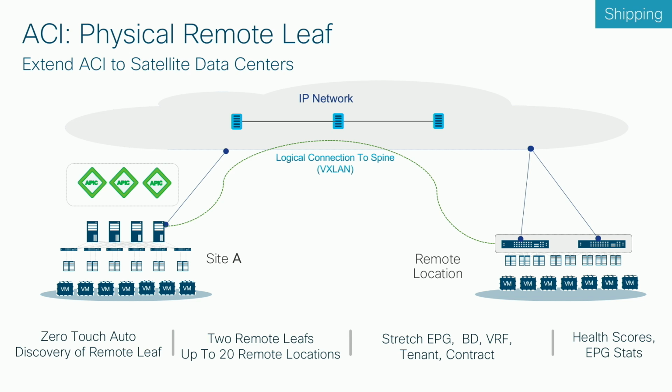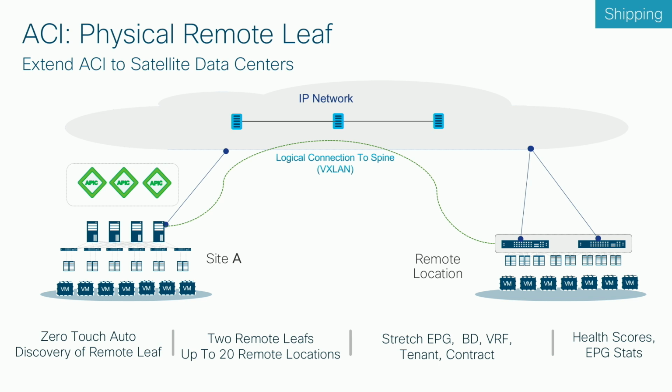So what we do is we don't need the spines anymore in these colo locations or other parts of your network. Those 2 leaves connect to an IP network. They get seamlessly configured, just like you would if you connected a couple of leaves into your ACI fabric, and they have all the same capabilities.